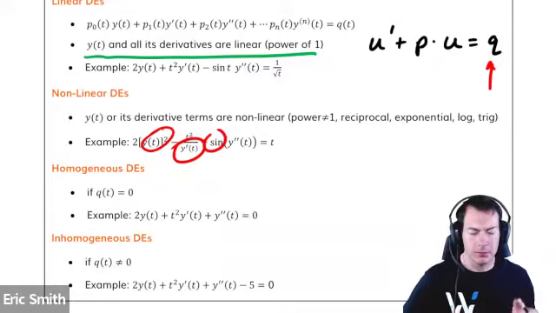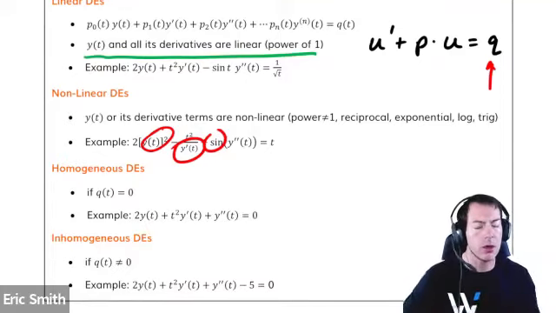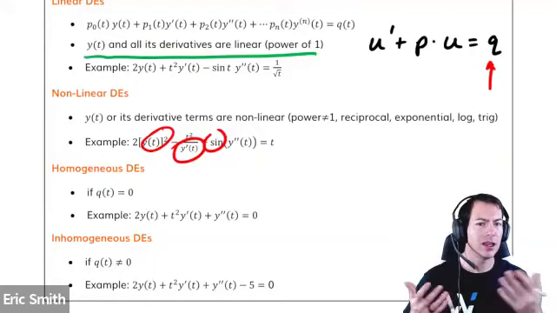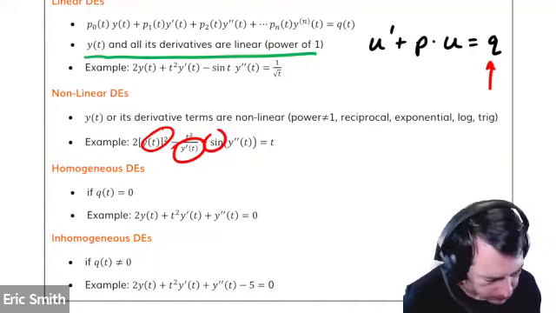Notice that specific term, the one that I've labeled q, it's not associated with the original function or the derivatives of the function. If it's a function of anything, it's only a function of the independent variable. So if it's equal to 0, bam, we're done. We can call that a homogeneous differential equation. If it's not equal to 0, then it's an inhomogeneous differential equation.